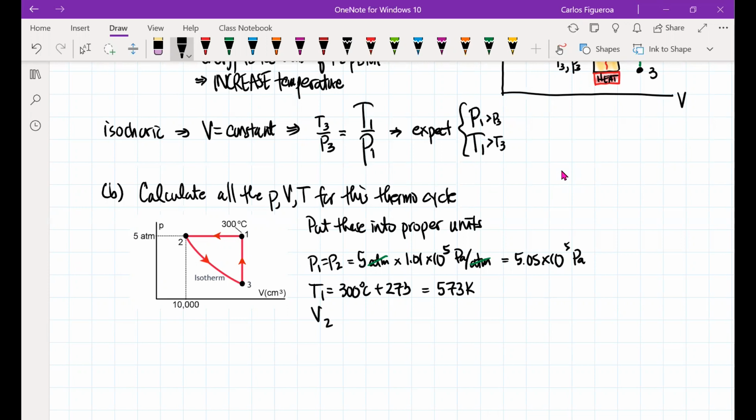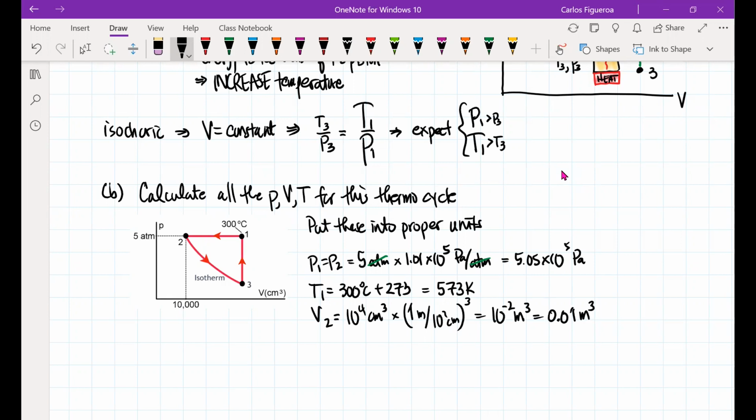And the last thing I need to do is convert the volume. The volume at 2 says that it's 10,000 centimeters cubed, but it has to be in meters cubed. So I go 1 meter over 10 to the 2 centimeters. So that's exactly 1. And then I cube that, and I get 10 to the minus 2 meters cubed, or 0.01 meters cubed.